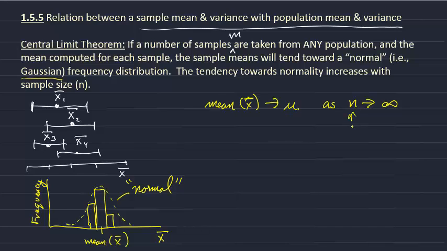So again, this is the sample size, and mu, of course, is the population mean. An important aspect of the central limit theorem is that the mean of all of our M sample means tends towards the population mean.